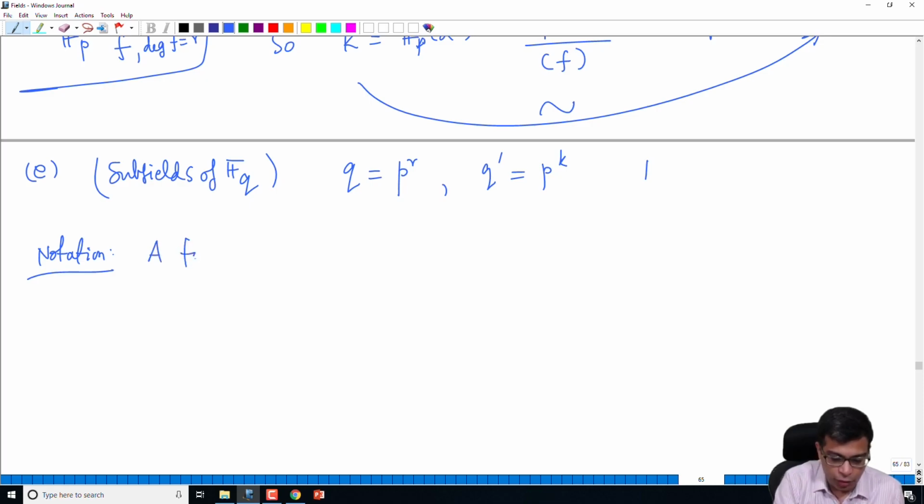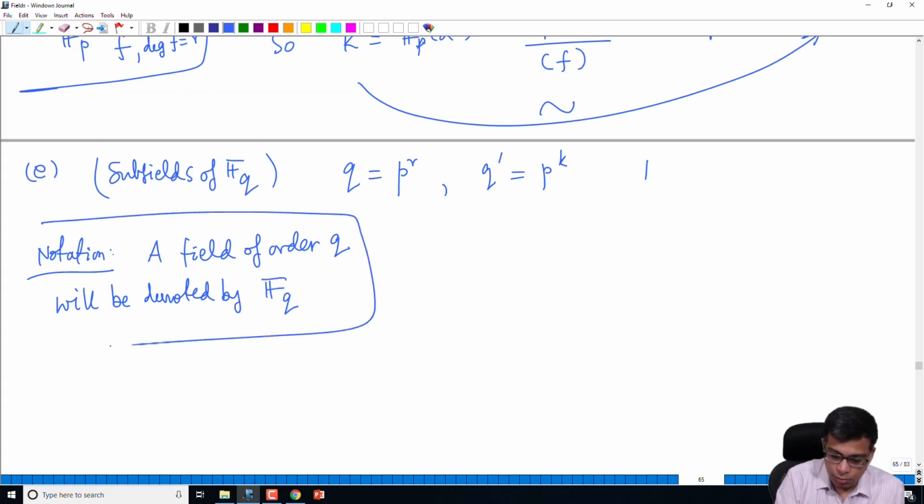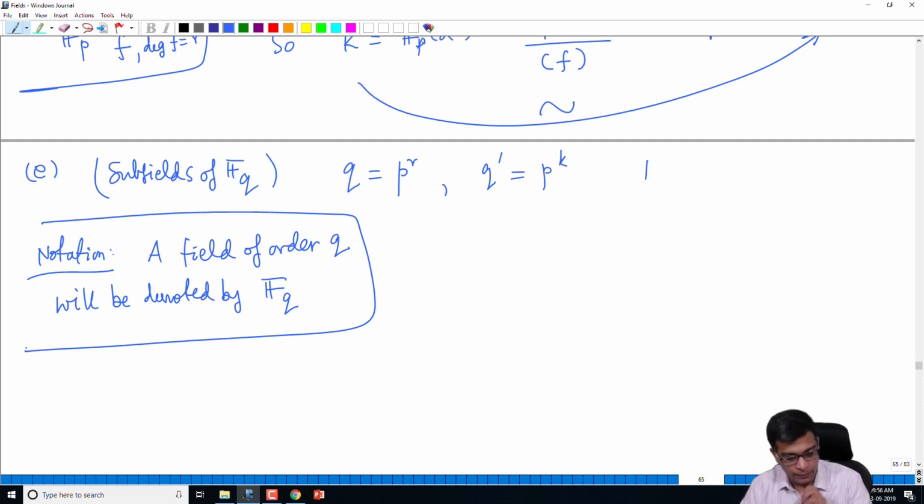A field of order q will be denoted by Fq. By part B, any two fields of order q are isomorphic. So up to isomorphism, I am allowed to use this symbol to denote any field of order q.